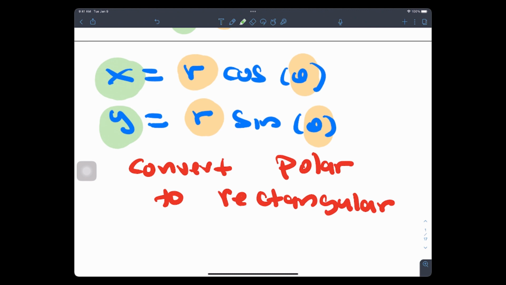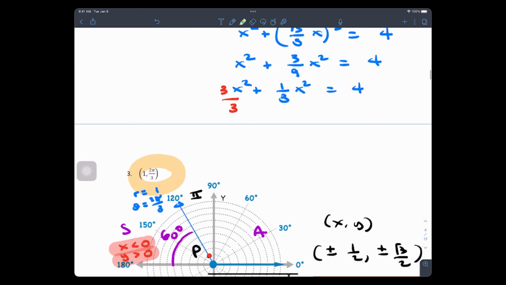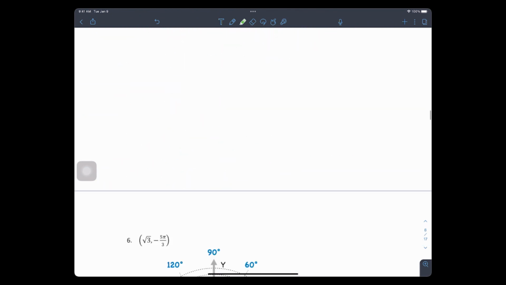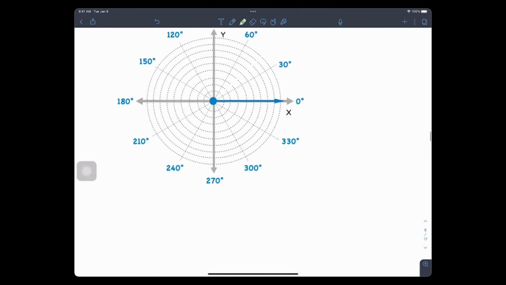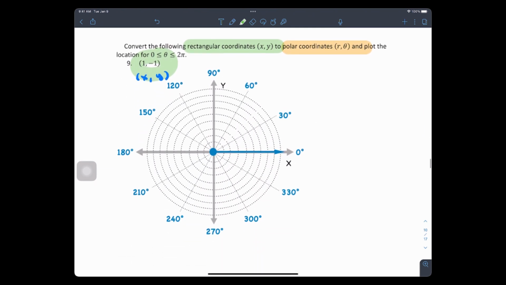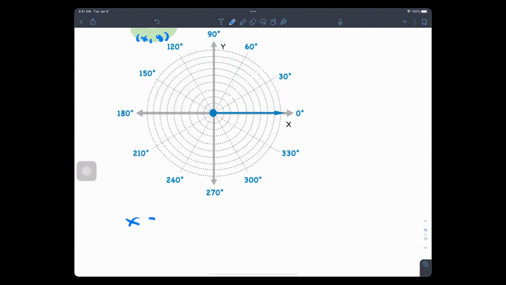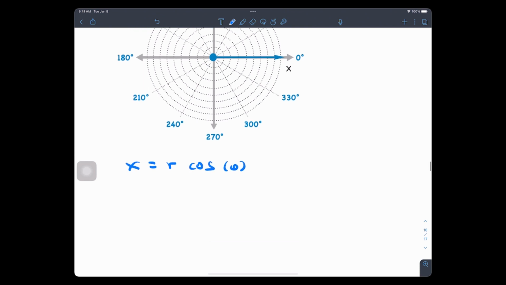We're going to use these conversion formulas here. Let's go back and use these conversion formulas now. Okay, so by the conversion formulas, we know X is R cosine theta, and Y is R what? Sine theta.